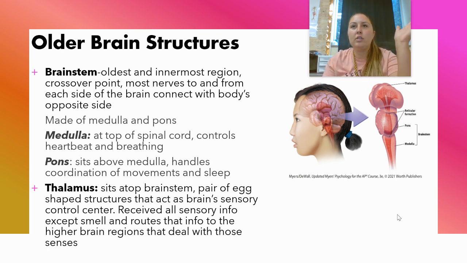I'm going to switch this board. I'm going to send that information now to the temporal lobe. Oh, this is visual input. I'm going to send that to the occipital lobe. So it's basically the director of sensory input.